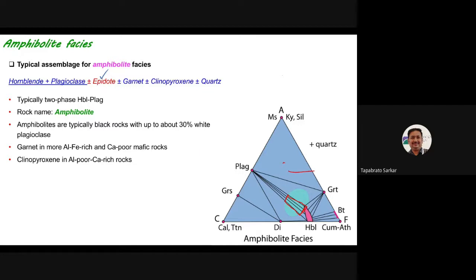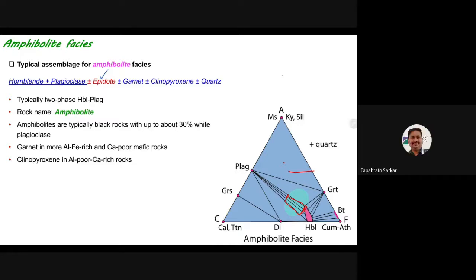This is the amphibolite facies. If we have drawn these tie lines and defined that the bulk composition is within this range, what minerals are present in this rock? Plagioclase and hornblende. Very good.